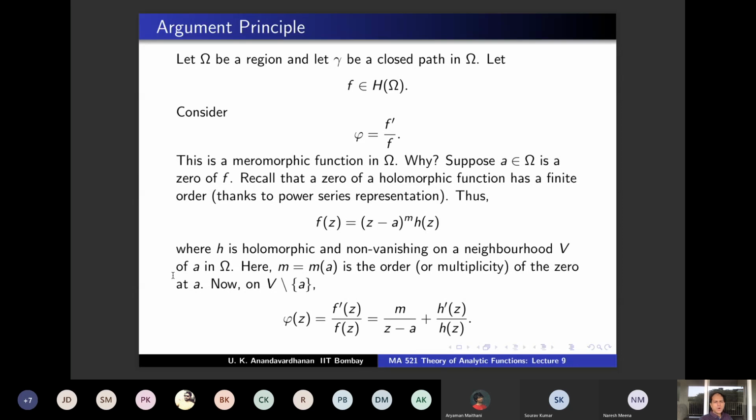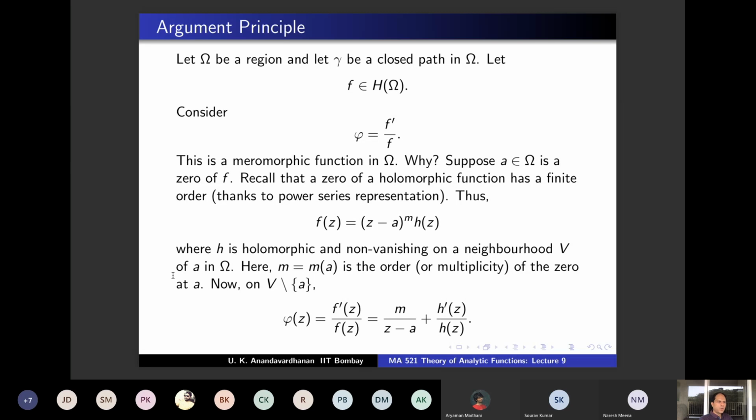Now remember, on V, h prime(z) is holomorphic everywhere. H(z) is also holomorphic everywhere. And h is not vanishing on V. So h prime by h is holomorphic on V. And m by (z minus a) makes sense on V minus a. So you have got phi to be this.